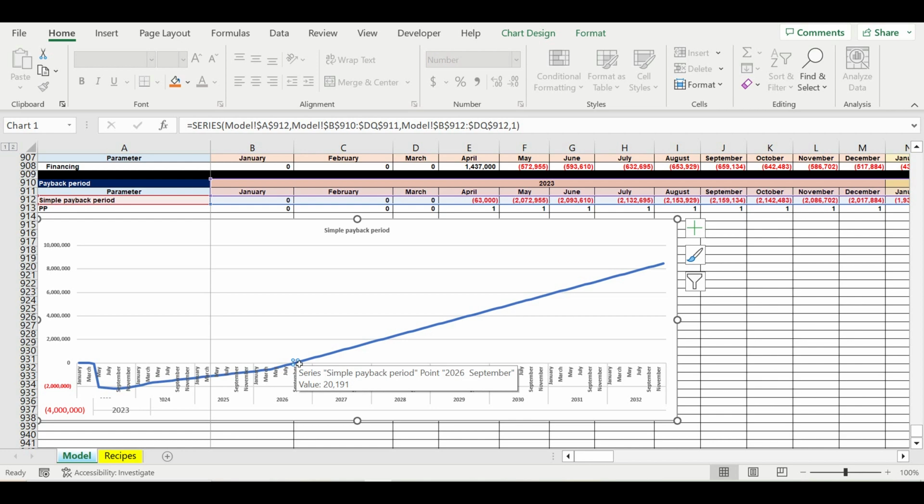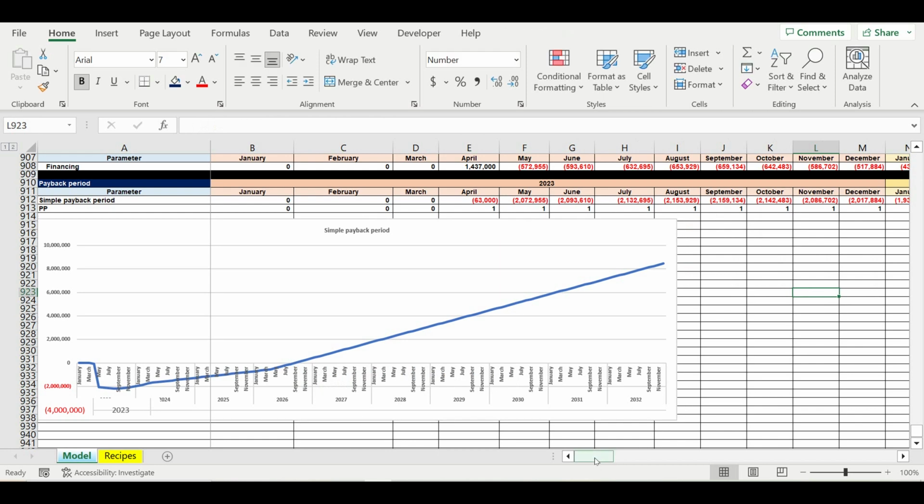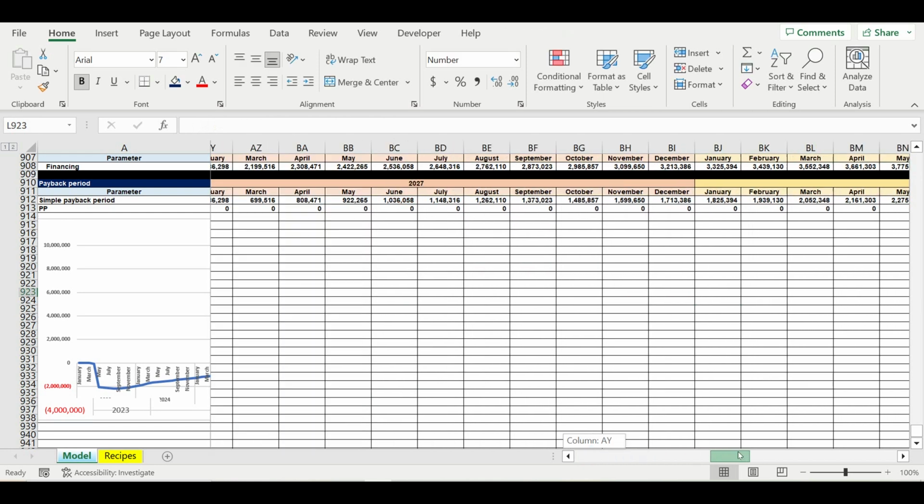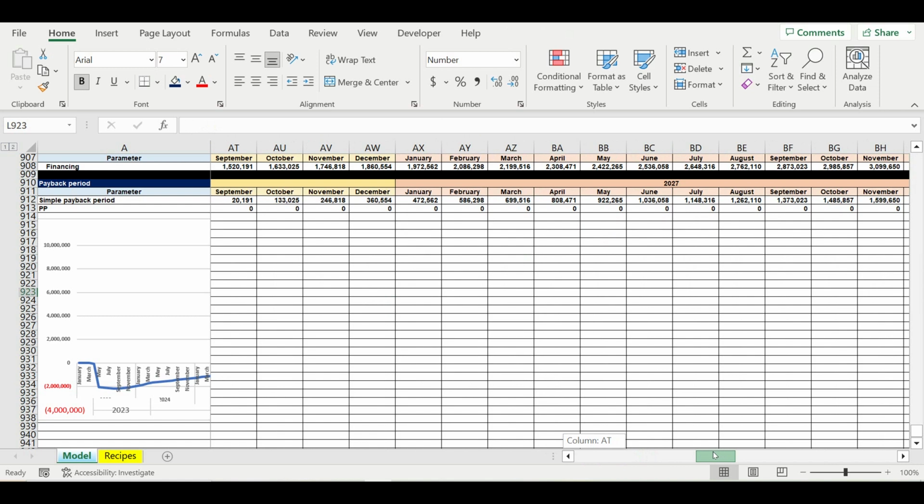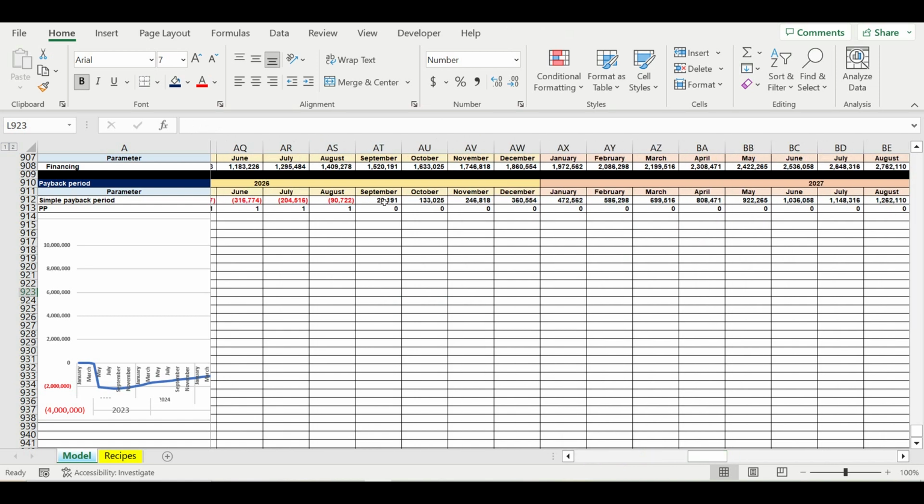So this is September 2026, and if we go to September 2026, here it is, the moment when negative cumulative cash turns to positive.